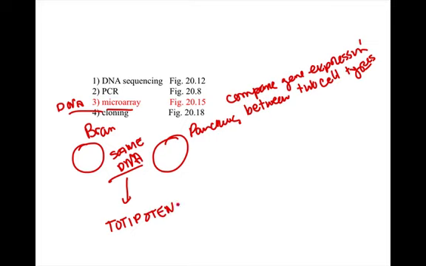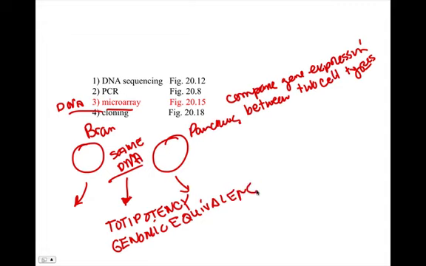In theory, since they have all the DNA, they could be used to make a whole organism, totally potent. And connected to totipotency, there's often another term used: they are said to have genomic equivalence. And so they have this potential, yet the cells are different.